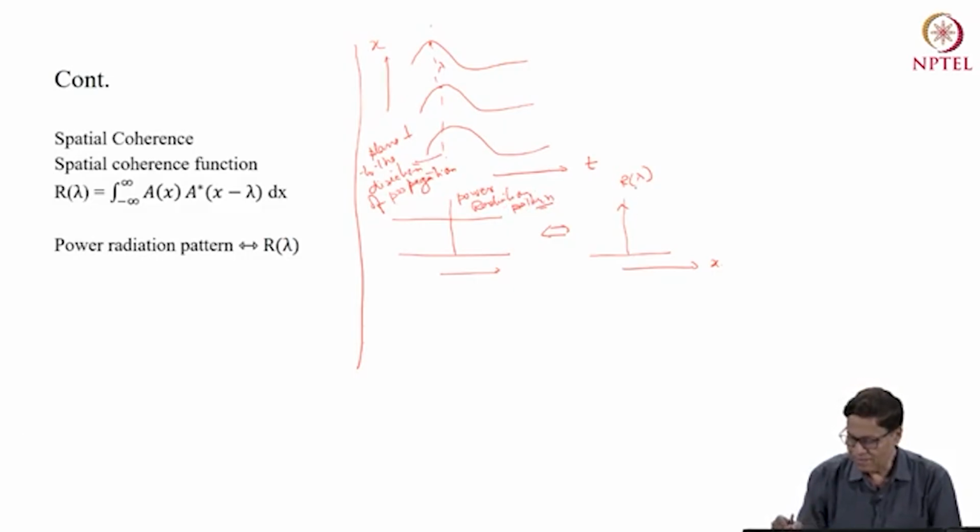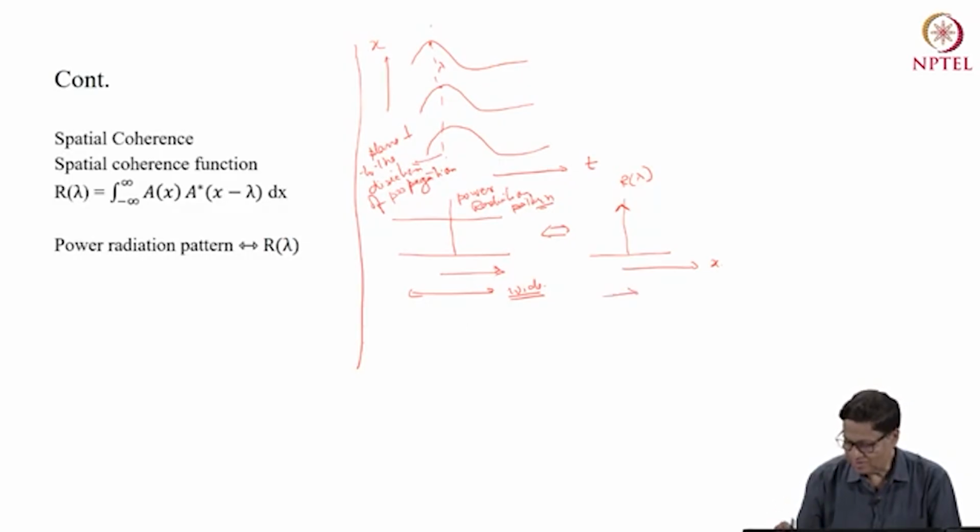So when R lambda has an impulse kind of characteristic, then the power radiation pattern is actually wide. The power is emitting in all the directions, so wide emission of power. So the power which is coming from the source is emitted in all directions.